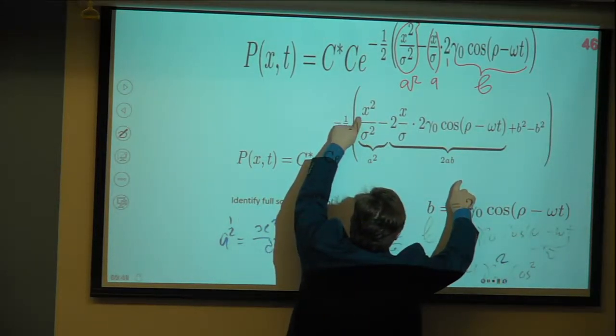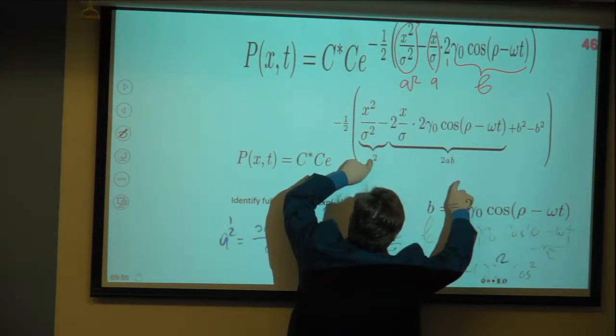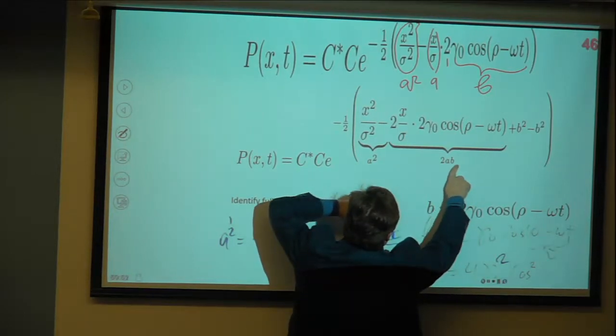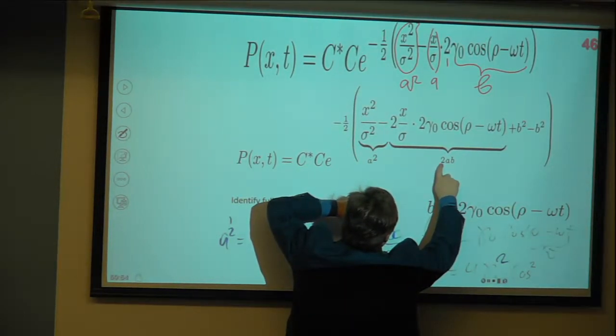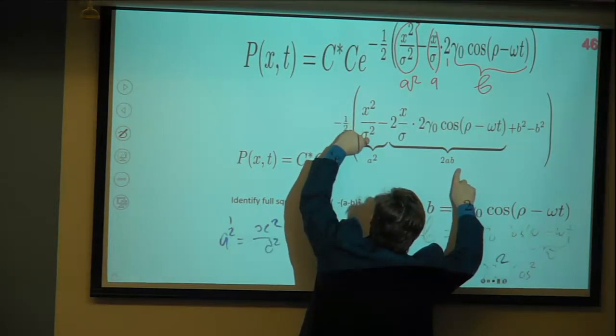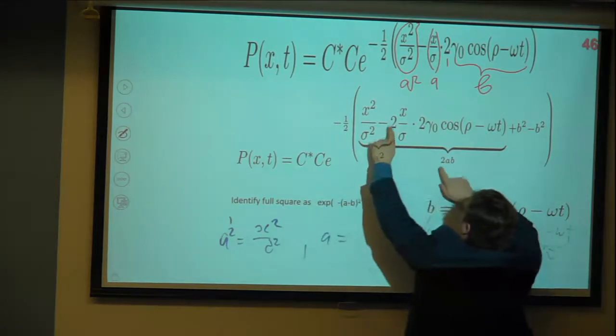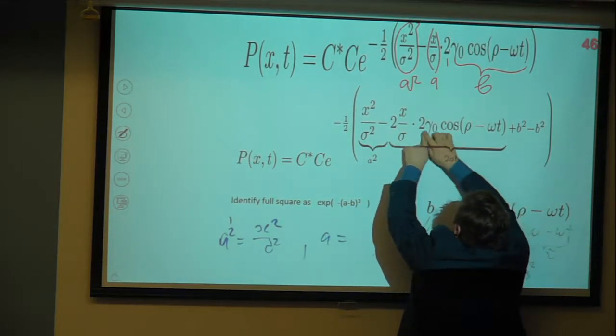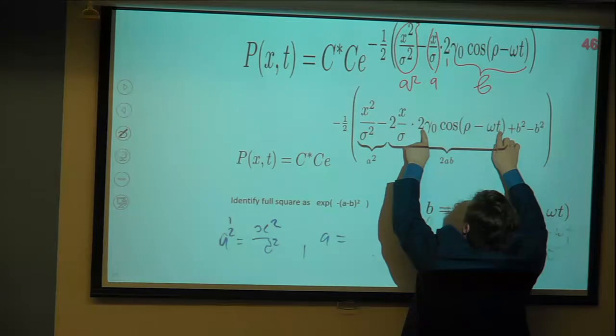So if we call this one a square and this 2ab, then b will be everything except x over sigma. This is 2, this is a, and then this combination will be b.